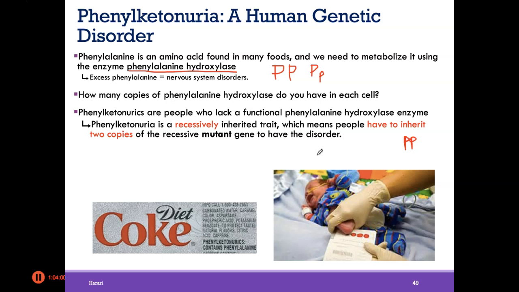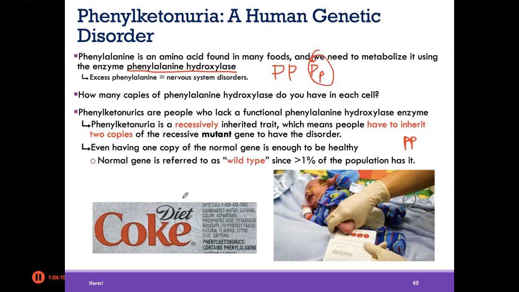So we would call the little p version the mutant allele. The big P version would be the wild type allele, since that's more common. Okay? So even having 1 copy of the normal gene is enough to be healthy in a heterozygote. And again, the normal gene is referred to as the wild type since it's found in greater than 1% of the population. The non-functional copy of the enzyme would be a mutant, little p.